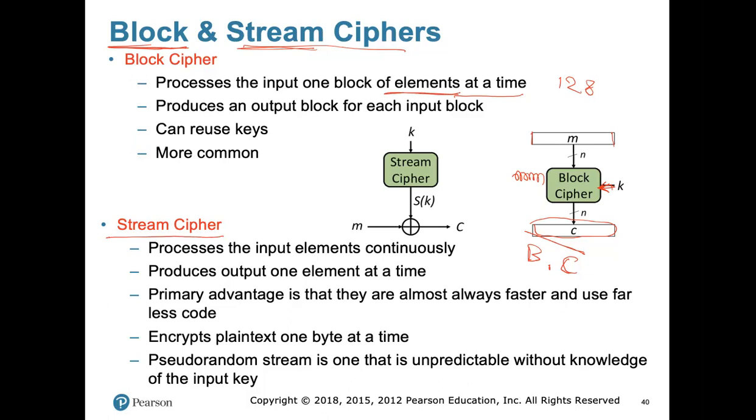And the stream cipher is supposed to receive that data plus the key, and it just encrypts it on the way, on the fly. So plain text arrives continuously, and the cipher produces the ciphertext again continuously over time.